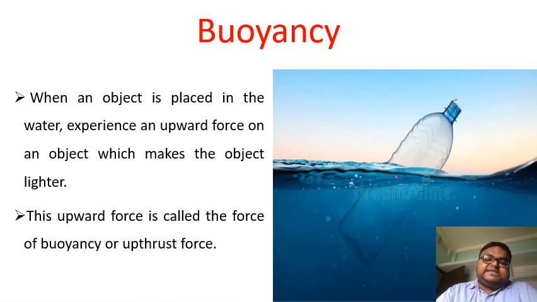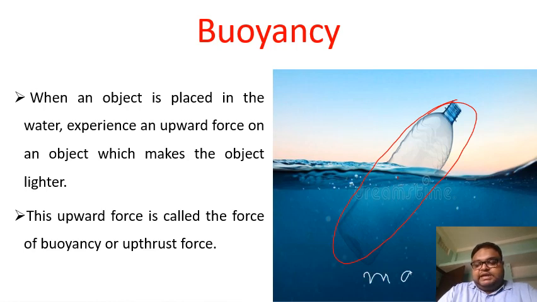Let's take the example of this bottle. Which forces are being applied here? The weight is being applied in this direction. We can write it as mg. This weight is being countered by another force, and that force is being applied in the opposite direction.